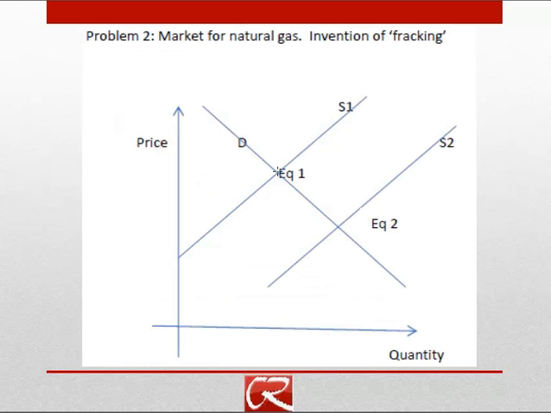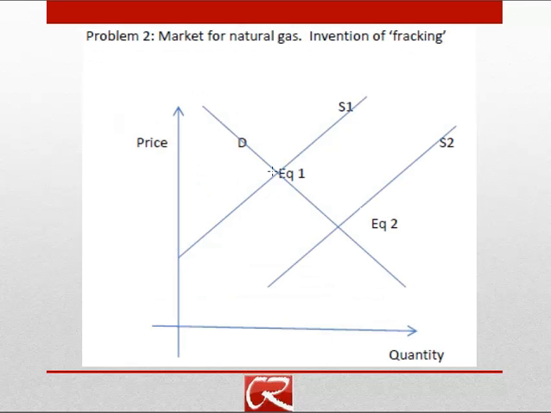So we started at equilibrium 1, and at the old equilibrium price, there is also a surplus in this problem of unsold natural gas, because at the old price, people want to buy this amount here, but people want to supply where that price hits the supply curve, and then down here they want to supply this quantity.